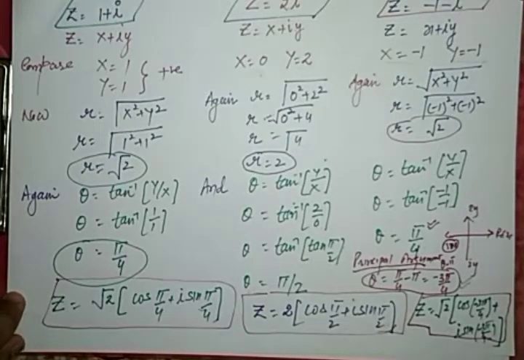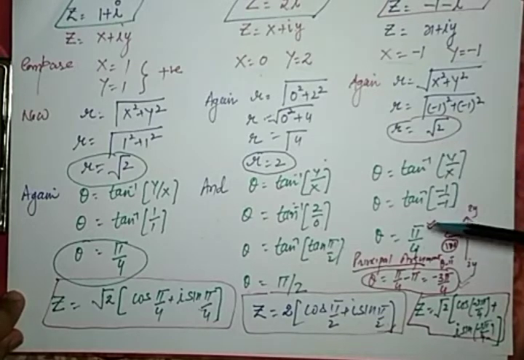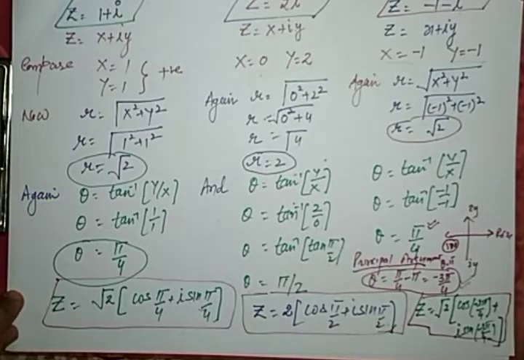If it is in the first quadrant or fourth quadrant, then you need not remember anything. But if it is in the second quadrant or in the third quadrant of the Argand diagram, then we have to consider a number of things, and we will discuss it with some more examples.